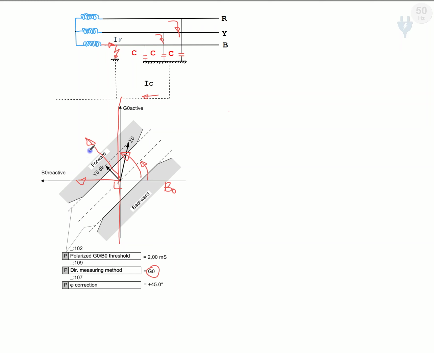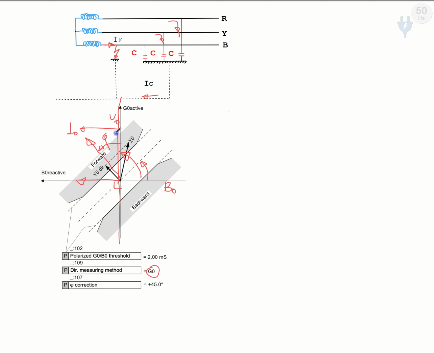At that time the angle between the V0, which was initially on this axis, and the I0 in this area was alpha, which we discussed before. Now we want this value.